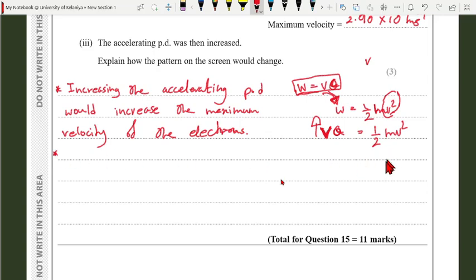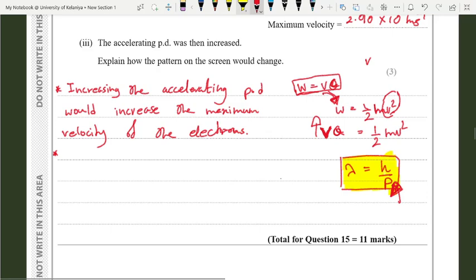Next point, now we know this one. The next point is lambda equals h over p. I hope you remember this relationship. It is what we call the de Broglie wavelength, and the de Broglie wavelength of electrons is decreasing. Why? The momentum is now increasing, because we have increased the accelerating potential.